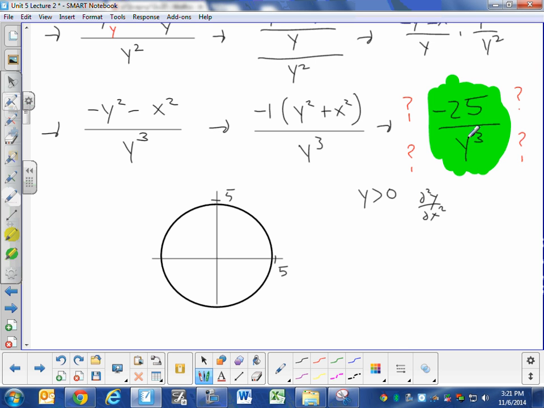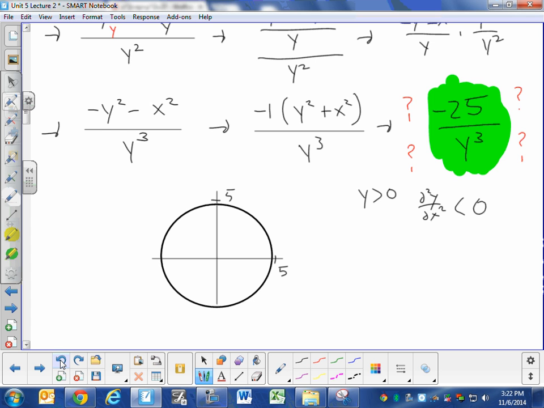So a positive value plugged in, cube it, still positive, negative 25 divided by that makes it a negative. So since my second derivative is negative for any y that's positive, so here are all positive y's here, what should that tell me about my graph?